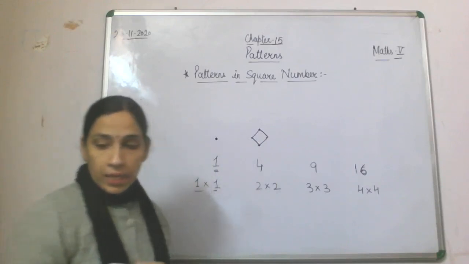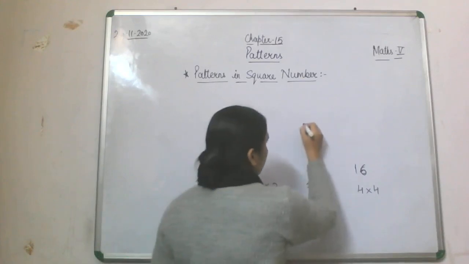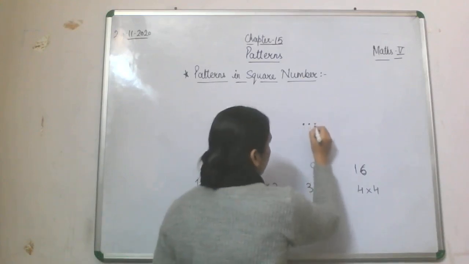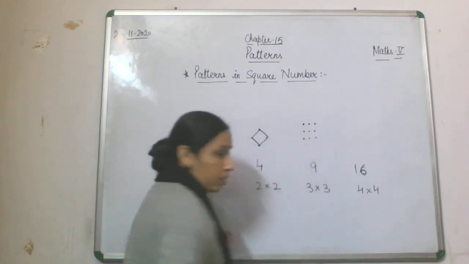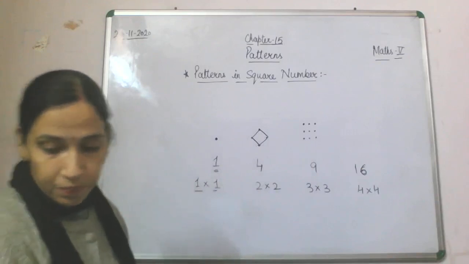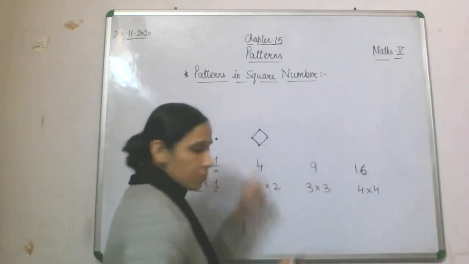Then 9, again I am going to start with. 9 we can make like this. 1, 2, 3 or 4, 5, 6, 7, 8, 9. Or in the same way as we have made this one.